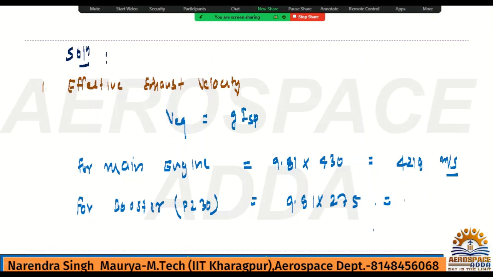I can write 2698, rounded off, meter per second. These are the effective exhaust velocities, right?